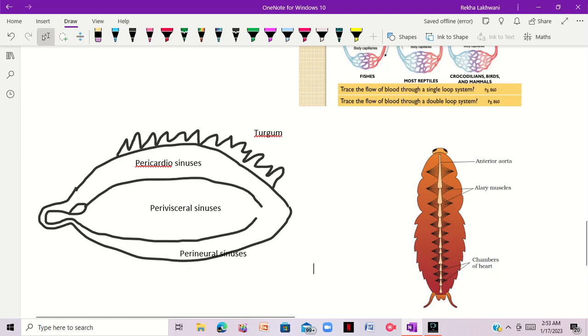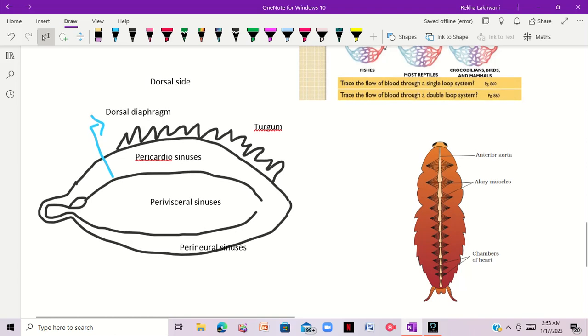Over here we have a dorsal diaphragm too. Basically, this side is known as the dorsal side, and this side is known as the ventral side, right?